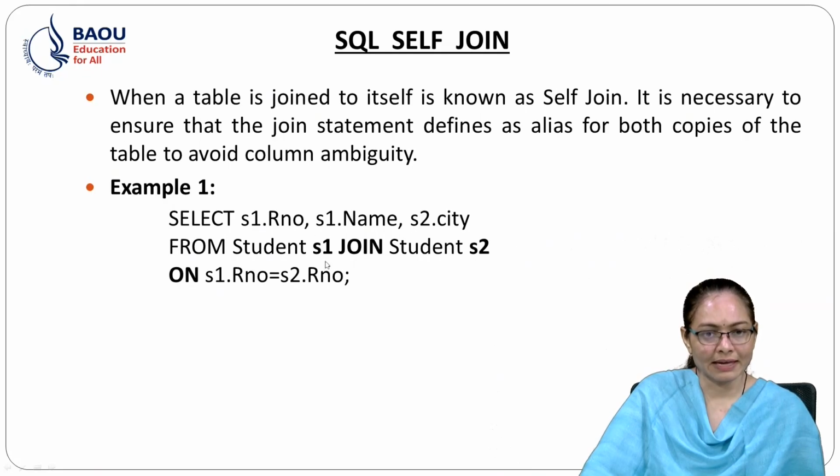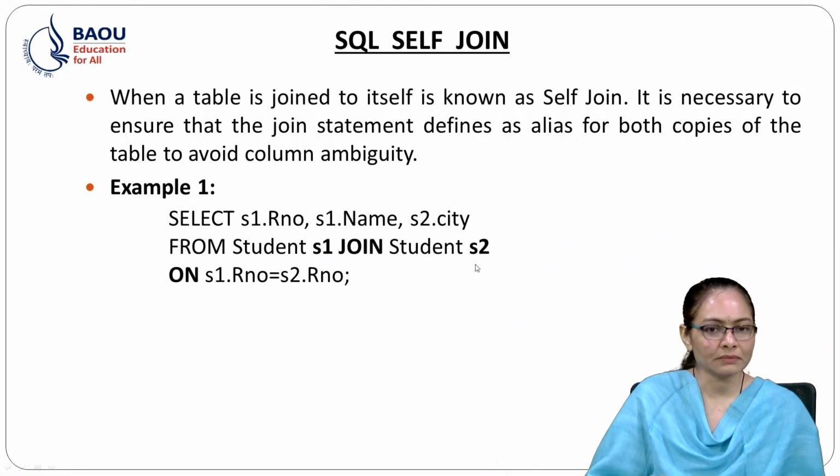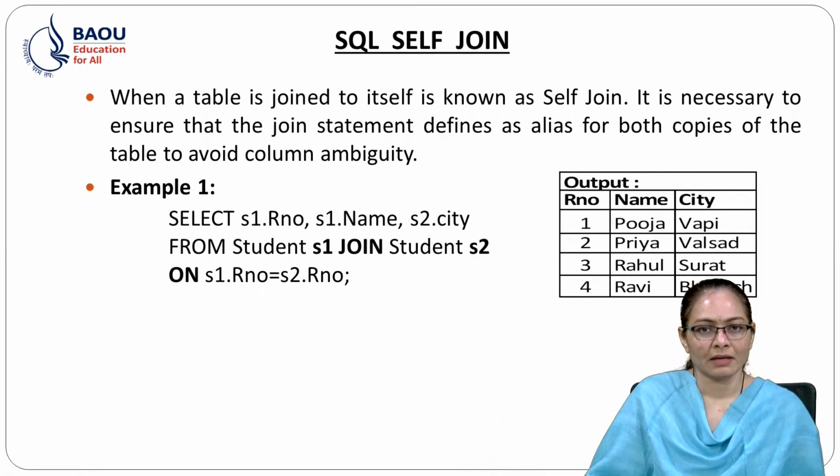We define the alias using the table name, then the alias name. Alias means another name of this table. Or we also use the AS operator. On S1.roll_number is equal to S2.roll_number. In the output, it will display all the records from the student table.